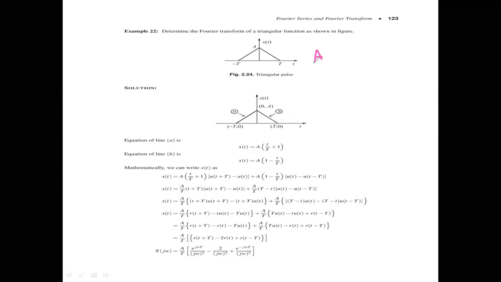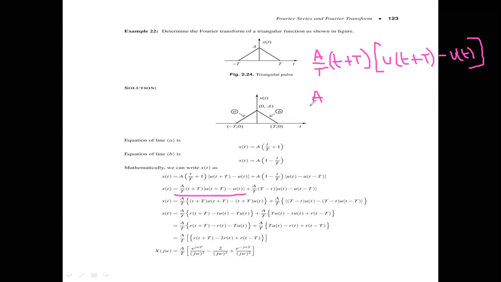A by T, T plus capital T. Okay, my dear students, and it is multiplied with the mu of t plus T minus mu of t. I'm writing only the first term.